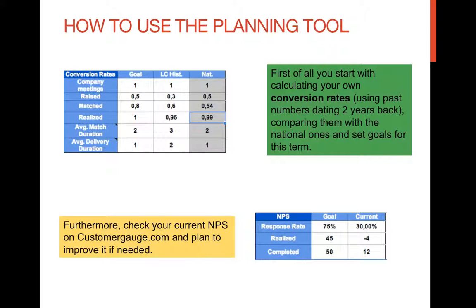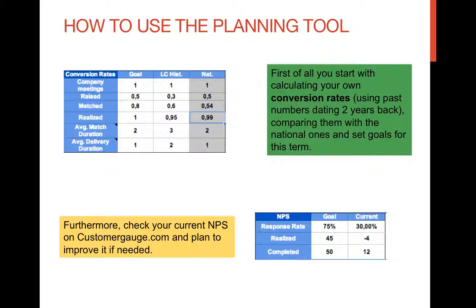Raised to match TNs, in your LC here it is 60%. That is a bit above the national average, but you can still improve, and they plan to improve it to 80%.